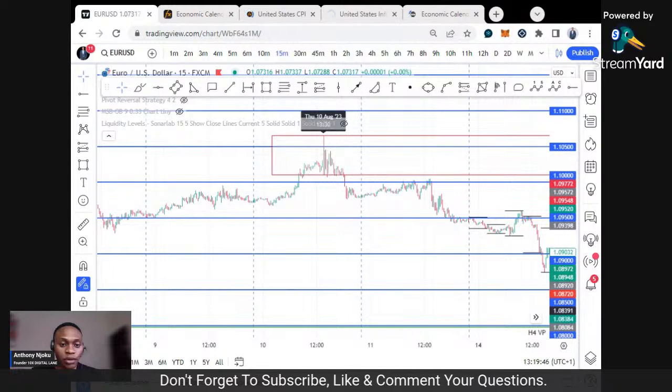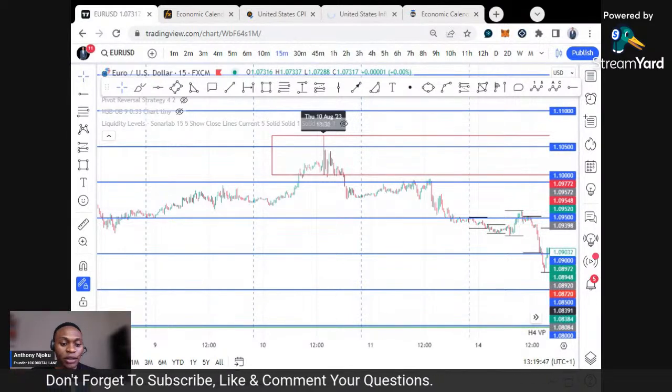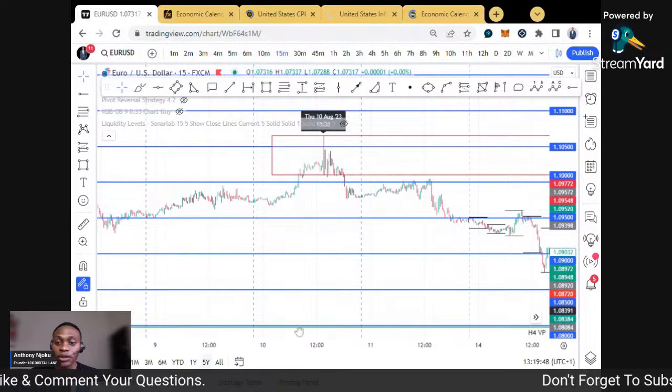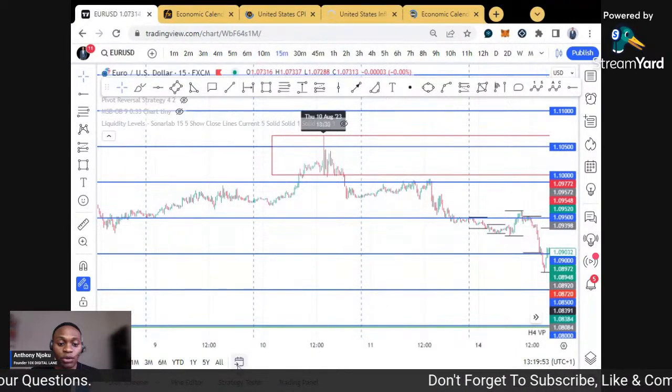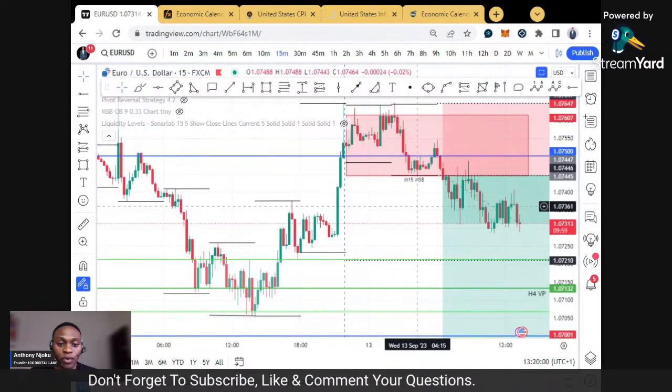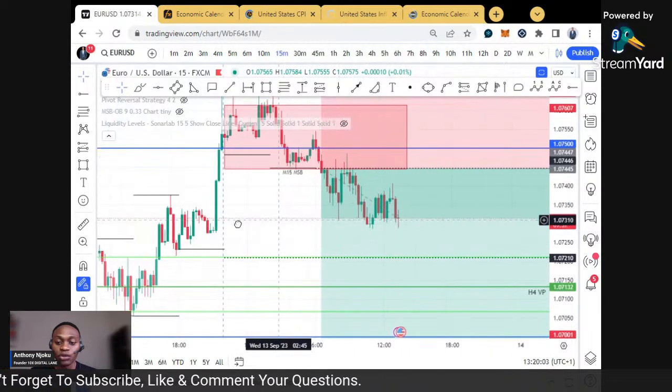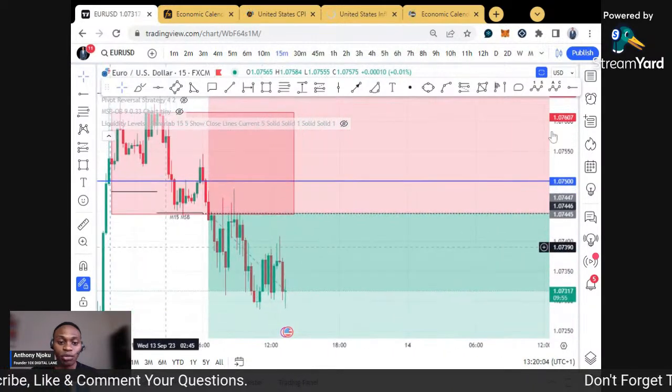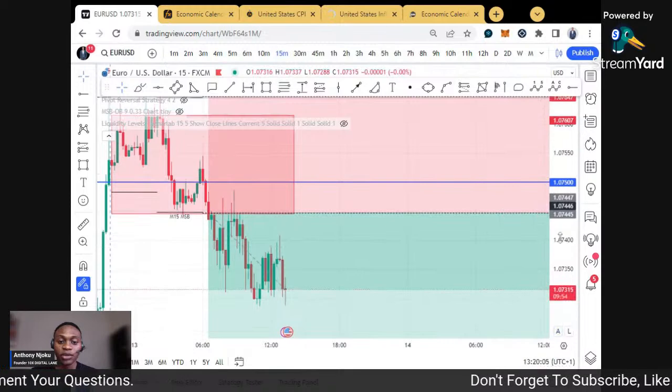Just have your accounts ready, guys. We already have one trade on Euro USD before the CPI. Everyone should break even. Everyone should take their stop loss and put it in profit. You're in profit already on Euro USD.